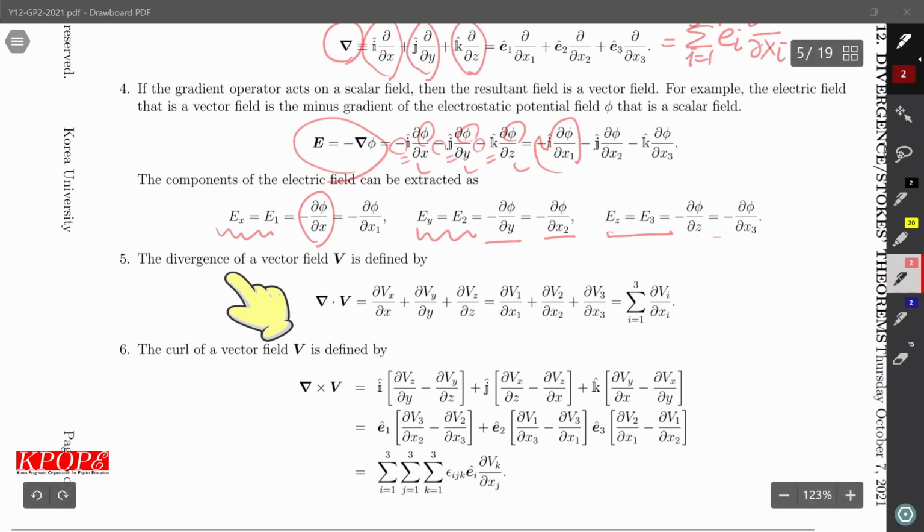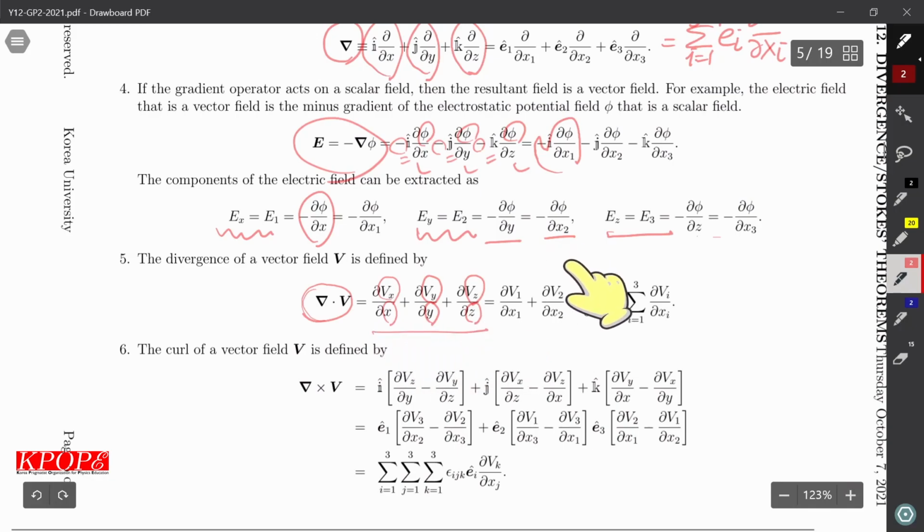The divergence of a vector field is defined as the x component's x derivative, the y component's y derivative, and the z component's z derivative, and their sum.